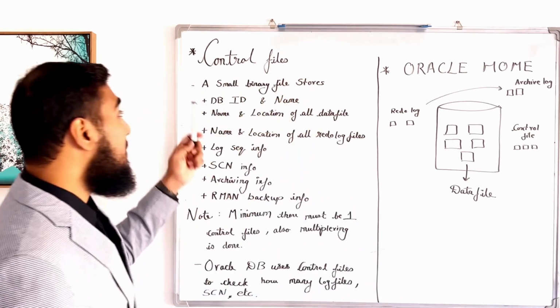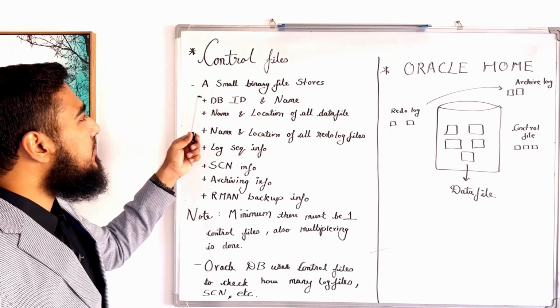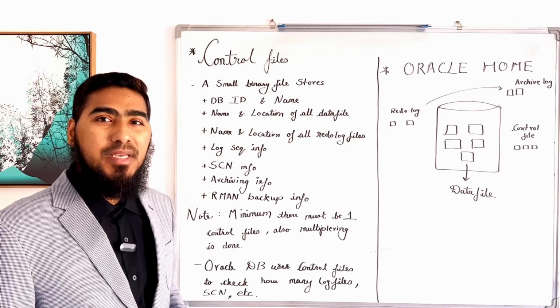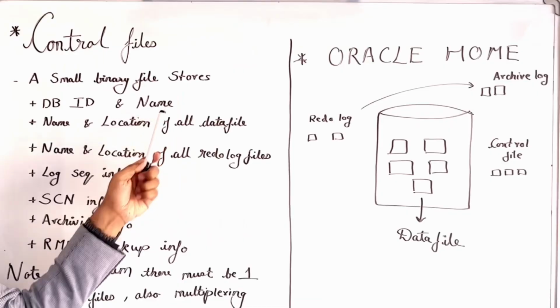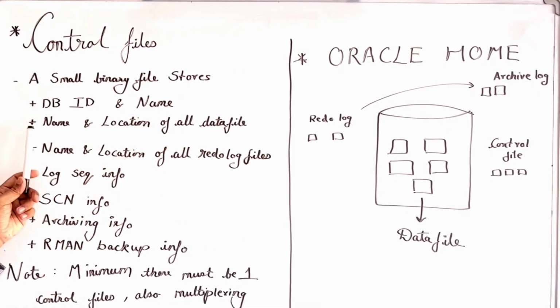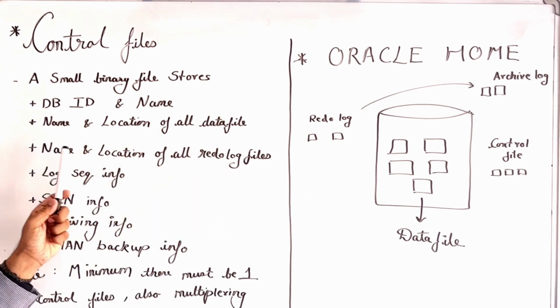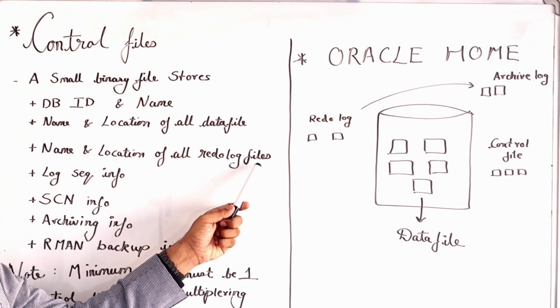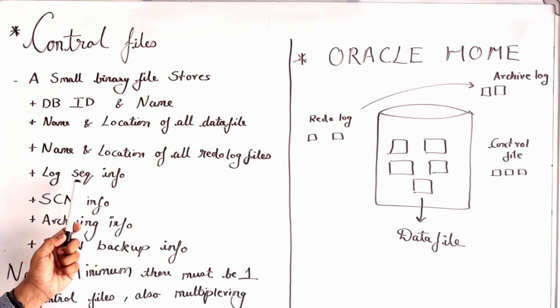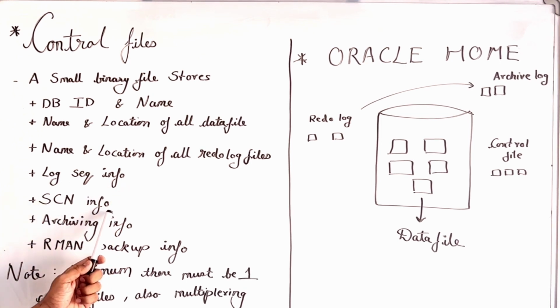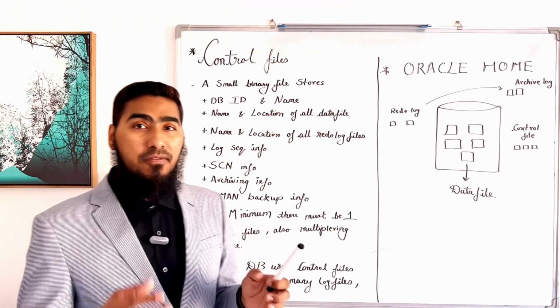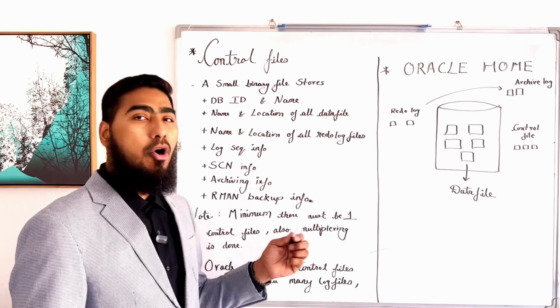Okay, so the control file is a small binary file that stores the database name, the name and location of all data files, the name and location of all redo log files, log sequence information, SCN information, archiving information, and RMAN backup information, if RMAN is configured, because RMAN is optional.